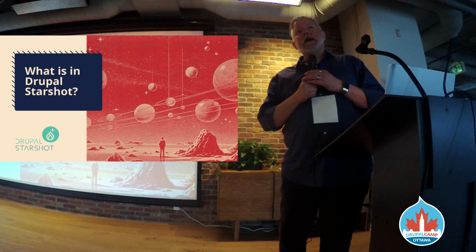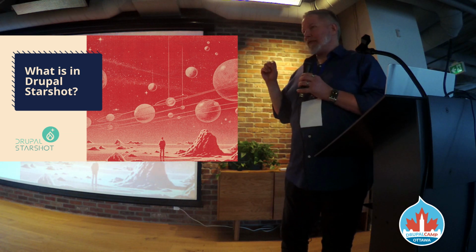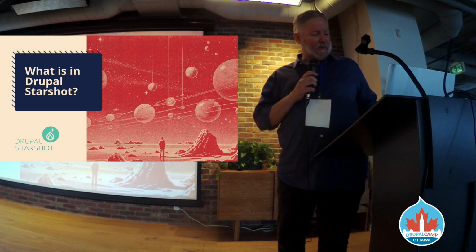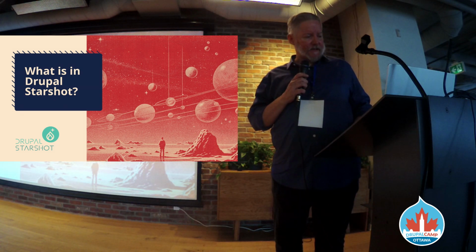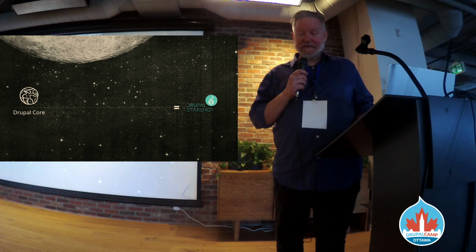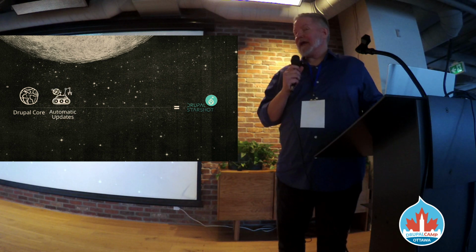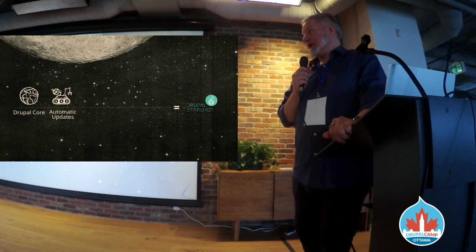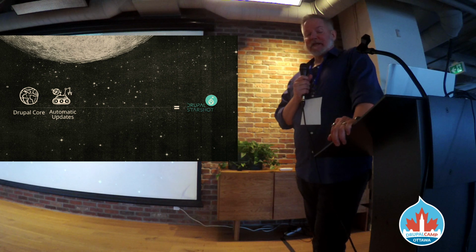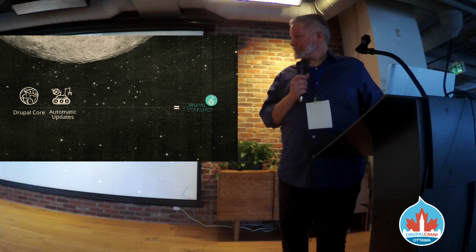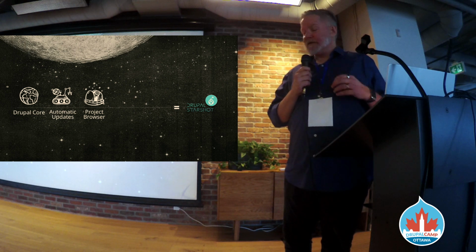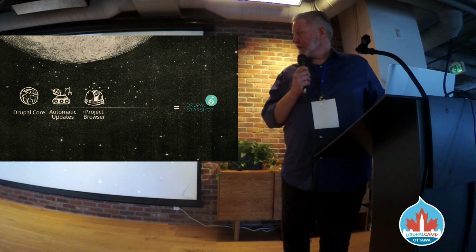So that's a high-level understanding of the overall goals of Starshot and the approach that we're going to take, but what's in Starshot itself? Certainly Drupal core is going to continue to be at the heart of Starshot, but onto that we're going to add automatic updates as a way for site owners to easily and less expensively keep their websites up to date. A project browser as a very visual way to add new capabilities as they need them.